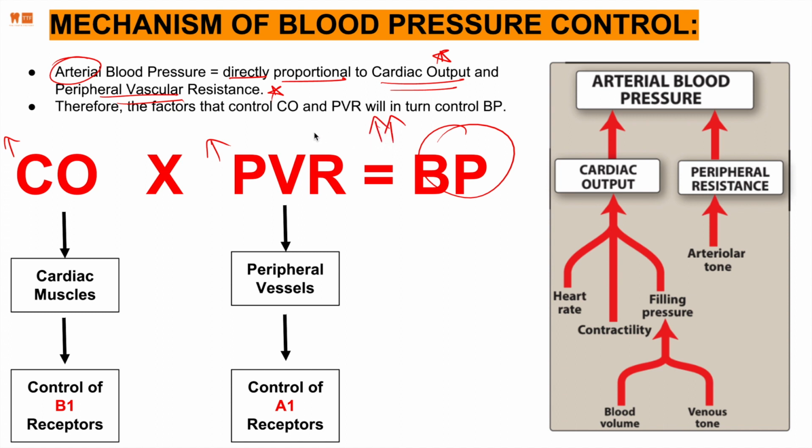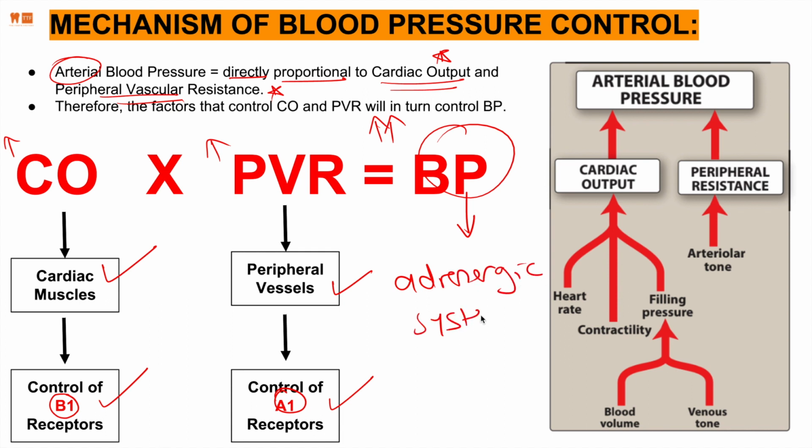Very simple. Okay. So cardiac output is completely based on cardiac muscles, and it's under the control of the beta-1 adrenergic receptors. PVR, peripheral vascular resistance, has to do with peripheral vessels: arteries, nerves, vessels, capillaries. Control of alpha-1 receptors. So, one pattern noticed here: anything to do with blood pressure has to do with the adrenergic system.